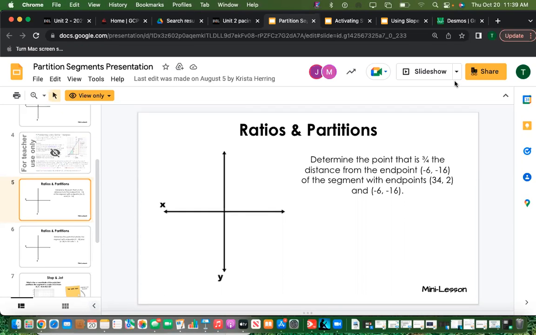Trying to pull up the formula sheet, make sure y'all got that. There we go.